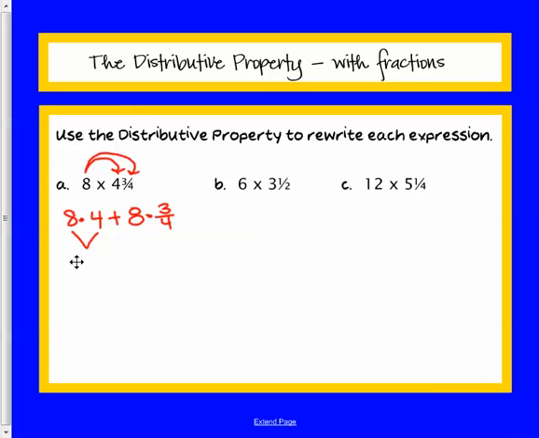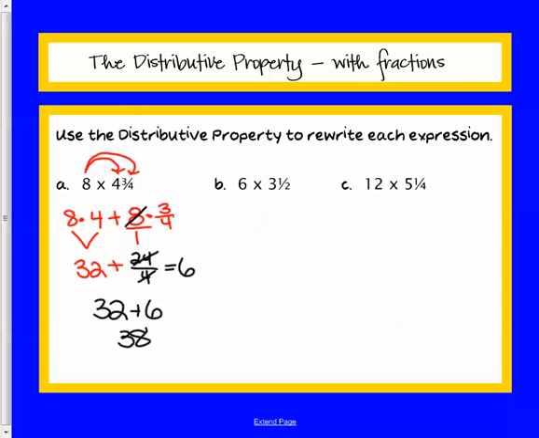Don't forget that. We get 32, and we can put 8 times 3/4 in our calculator, or we can think back to when we multiply everything in the numerator, which would be 24, everything in the denominator, which would be 4, and then divide. 4 goes into 24 6 times. So 32 plus 6 gives me 38.